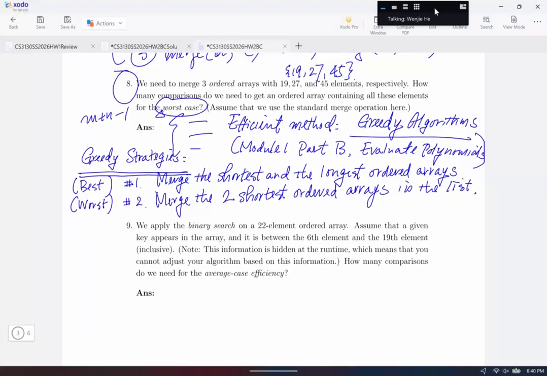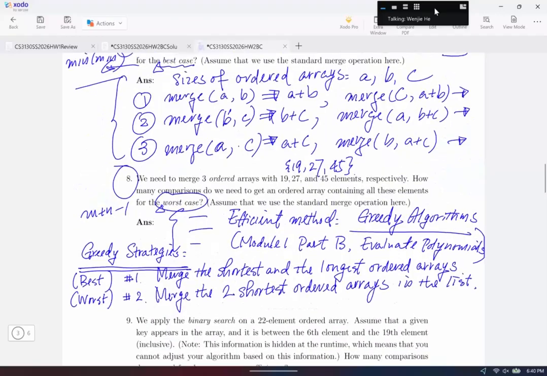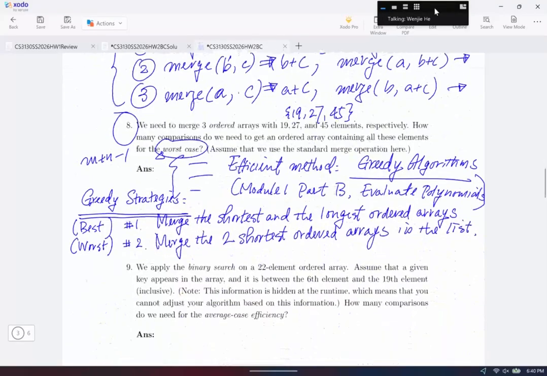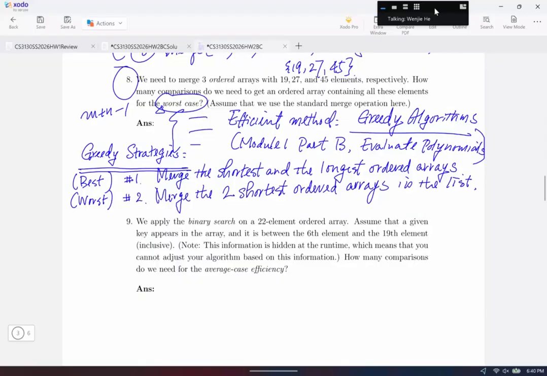So in order to make you understand this part a little better, let me just use a simple example. Suppose we have the list.